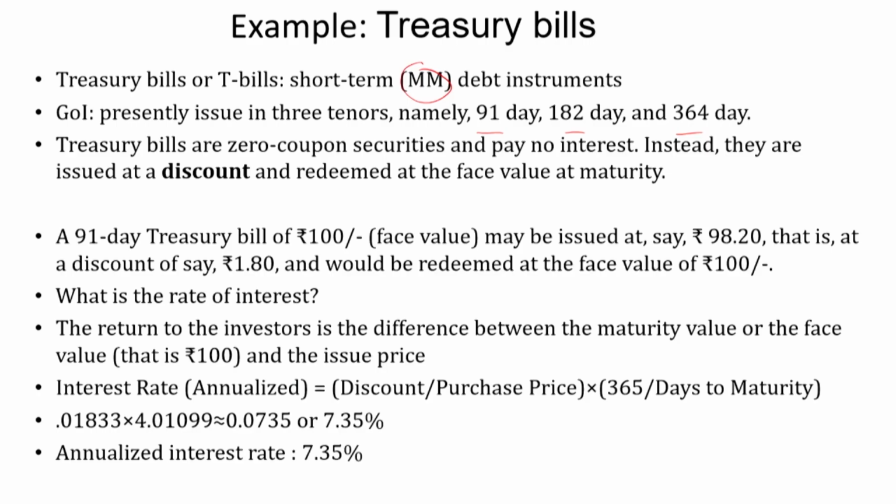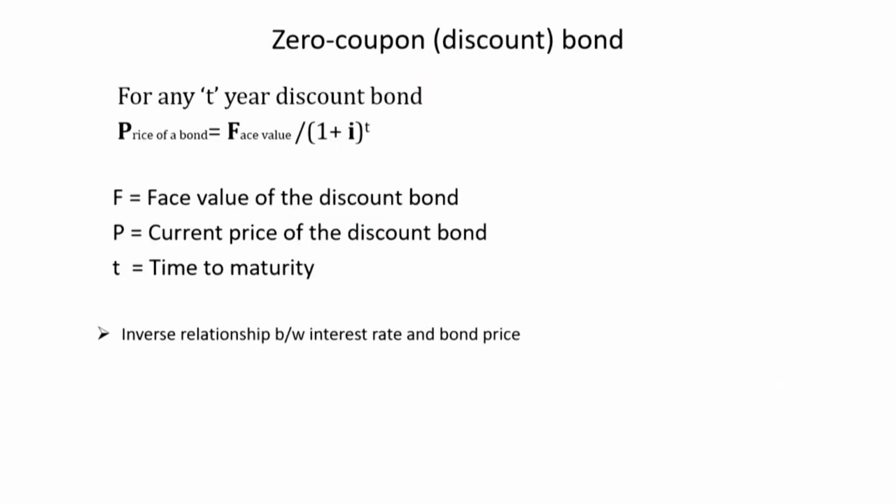Suppose a 91-day treasury bill, the face value is 100, but the selling price today is going to be 98.20. Then the difference is 1.8, and that is the rate of interest. The discount value is going to be the rate of interest here. If there is no coupon payment at all, you can directly equate the discount rate as the interest rate.